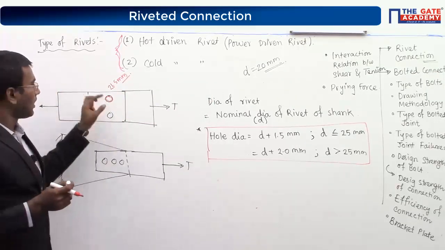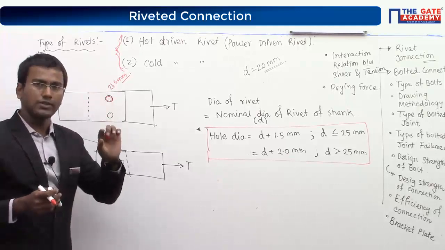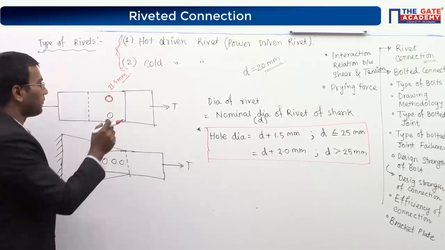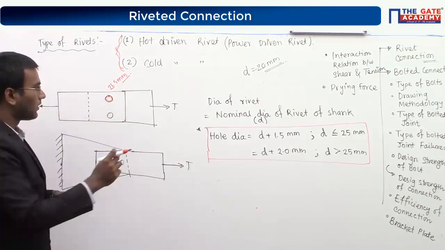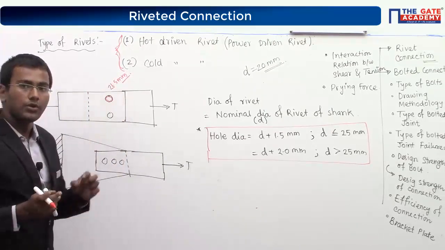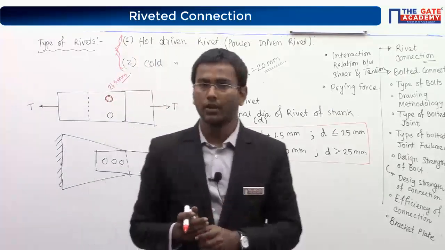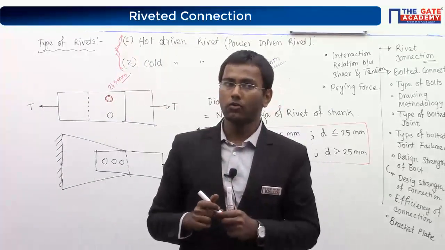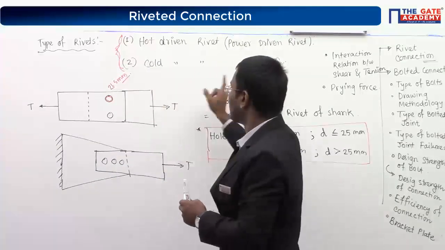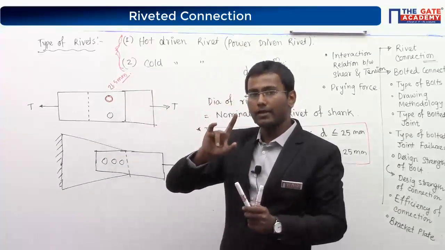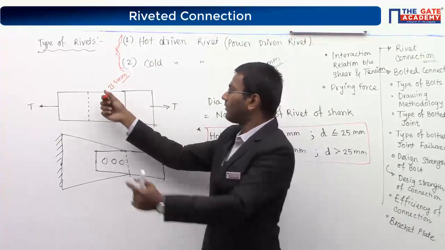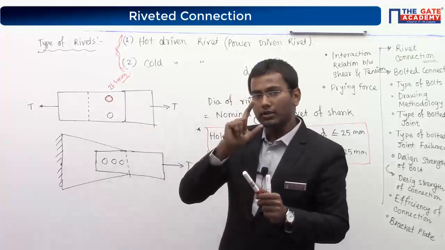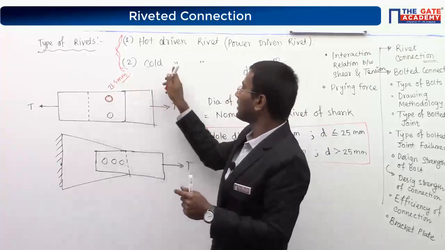So 1.5 mm is only extra in diameter, which is a very small amount. So to connect the rivet to the hole, I can do direct hammering. Directly taking the rivet and hammering it is nothing but cold riveting.